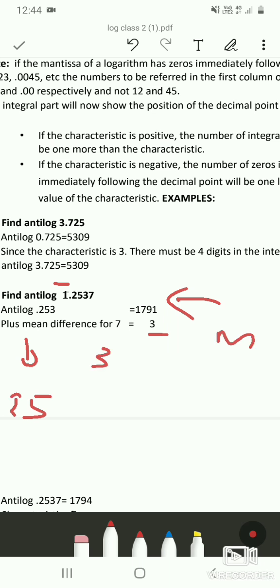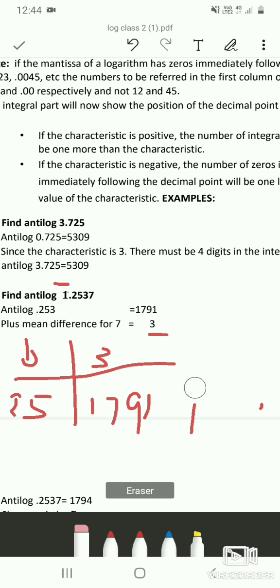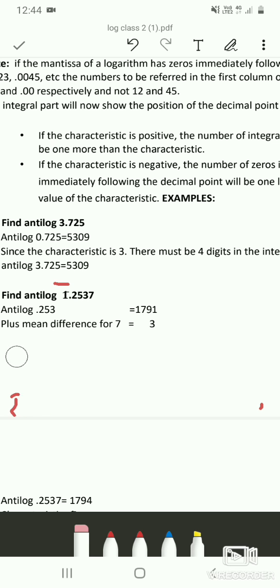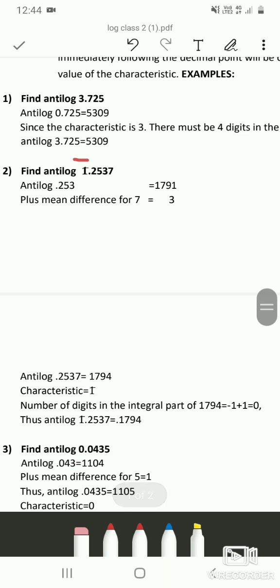Here would be the mean difference. Under 7, it will be 3. So 25 under 3 is 1791, and adding the mean difference 3, you get the antilog of 0.2537 as 1794.